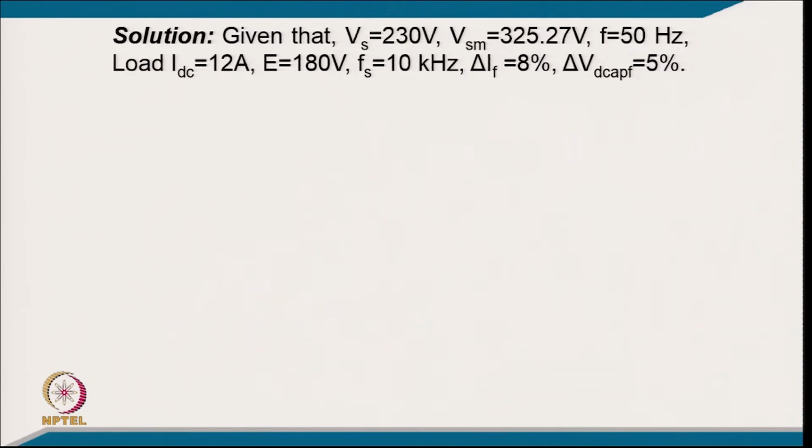So, coming to the solution part of it, given that the voltage is 230 volt and we have 325.27, that is the peak of 230, with frequency of 50 hertz, and load current is 12 ampere with the battery voltage charged at 180 volt, switching frequency 10 kilohertz, ripple current 8% and ripple voltage 5%.